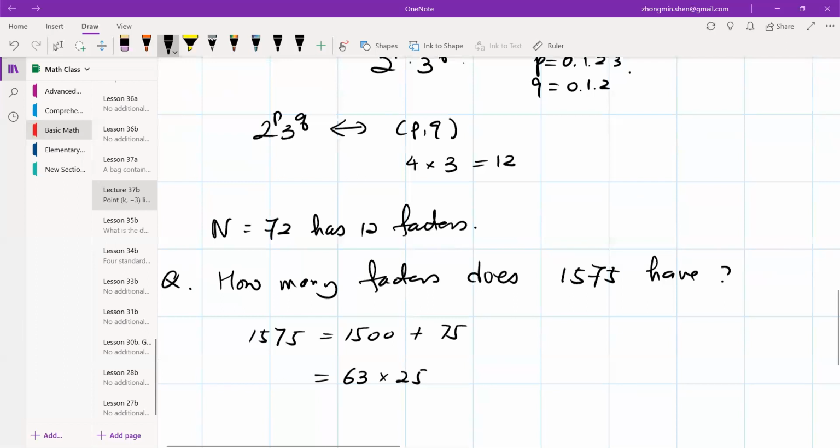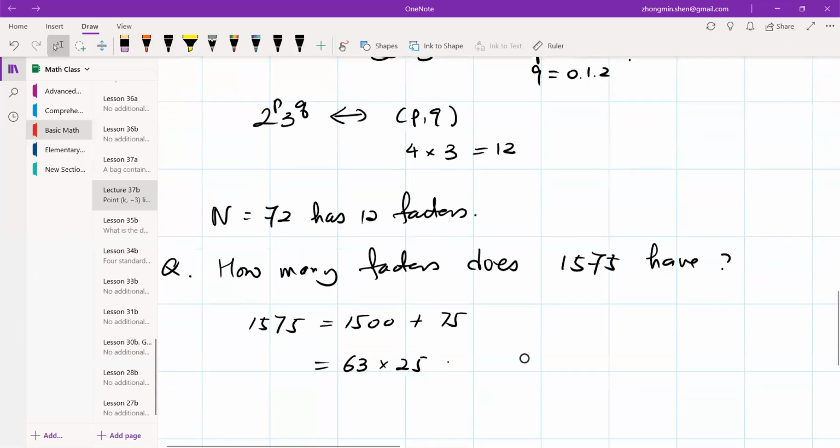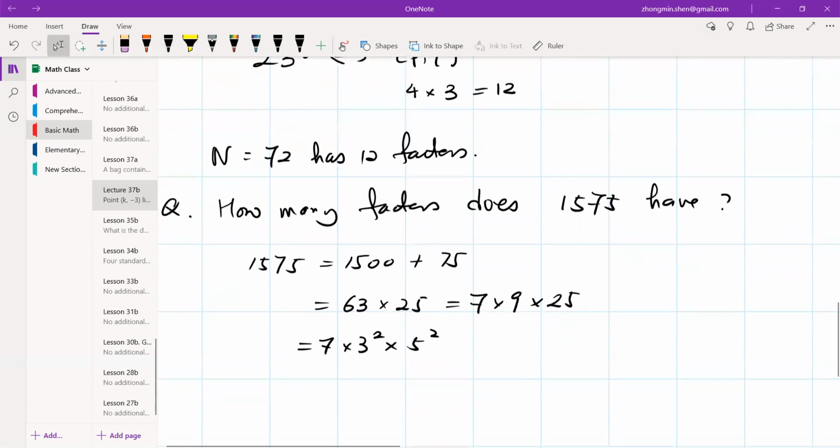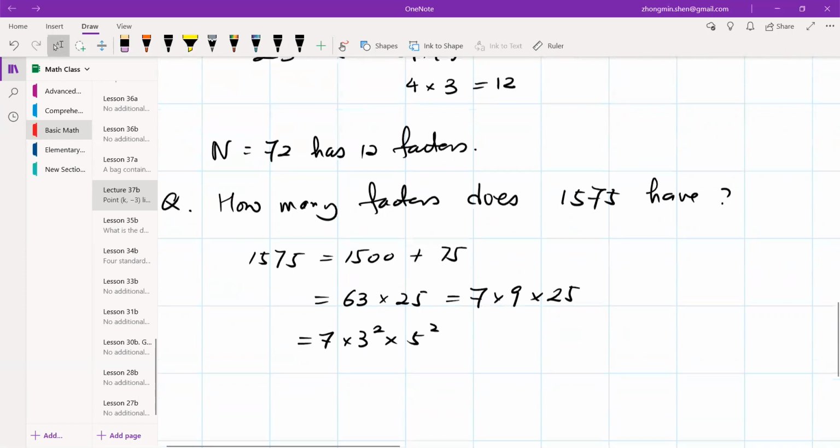And 63, everyone knows that, right? It's 7 times 9. So it's going to be 7 times 3 squared times 5 squared. This is called the prime factorization.